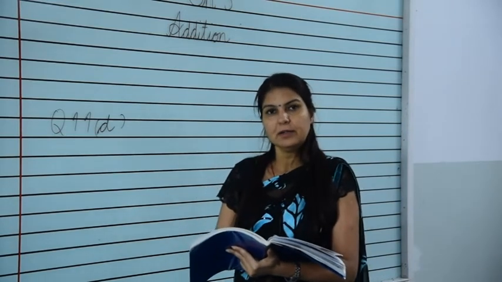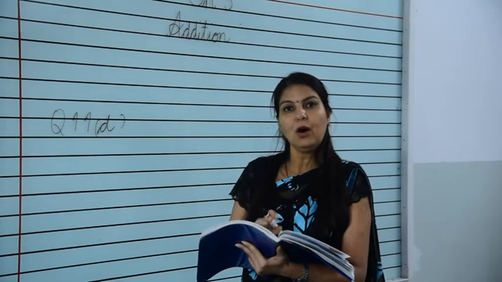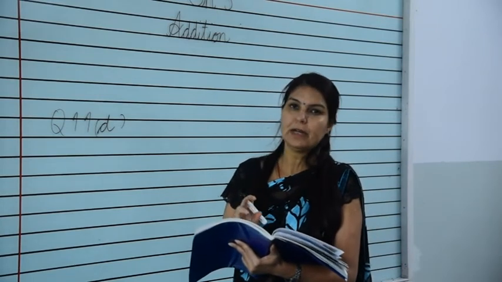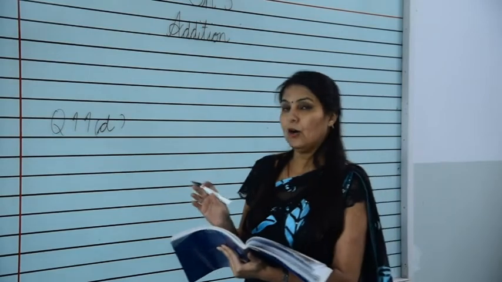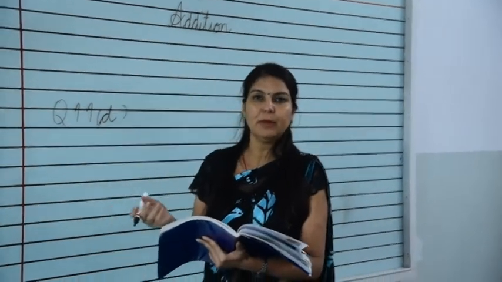How many people were there in the fair? So children, in the fair, all people we have to find out, we have to add these numbers. How many men, how many women, how many children.